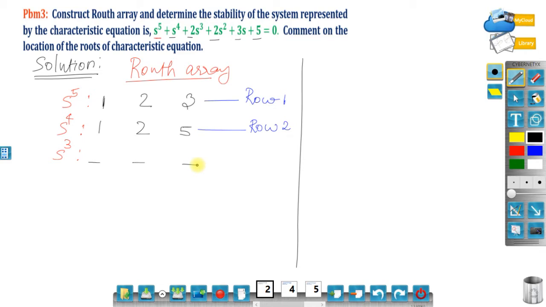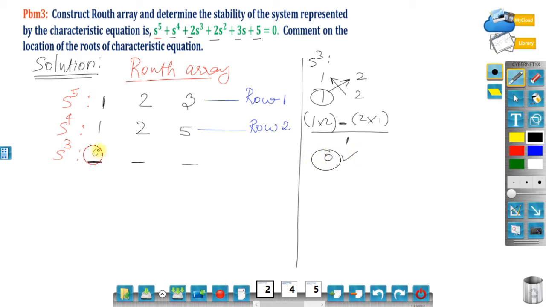Taking column 1 and column 2, we get the first value; taking column 1 and column 3, we get the next part. First, for s power 3, we take the first and second columns of the previous 2 rows: 1 into 2 minus 2 into 1, divided by 1. So the answer will be 0.